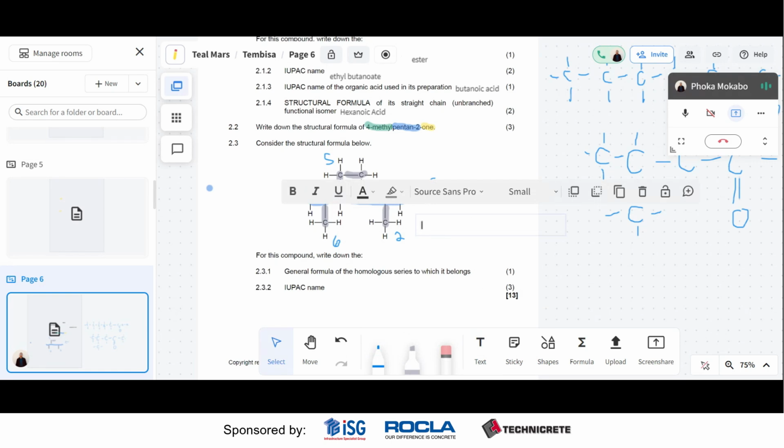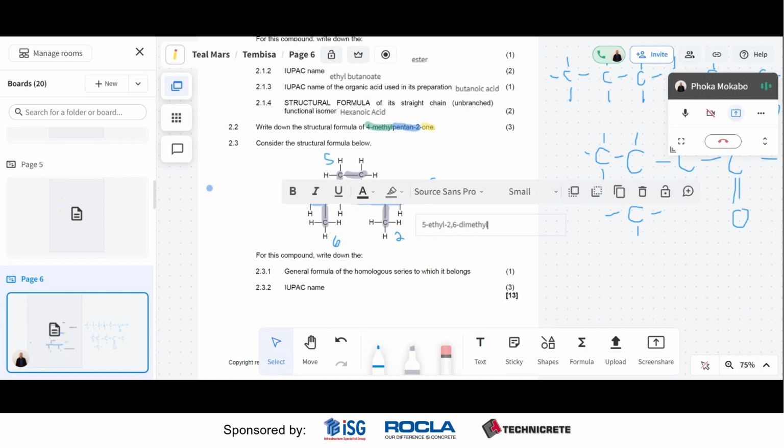Let's go about naming this, and we are looking at 5-ethyl, then a dash, because we're about to put another number. We will have a methyl in position 2, a methyl in position 6, and a dash, and because there are 2 of them, we're going to say dimethyl.